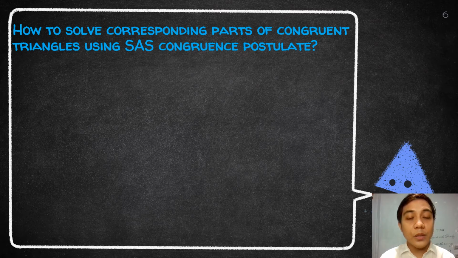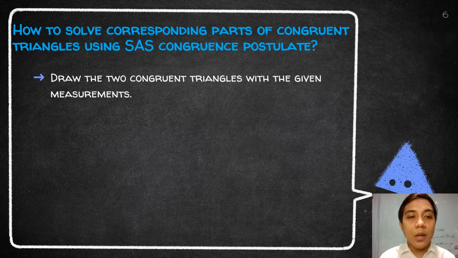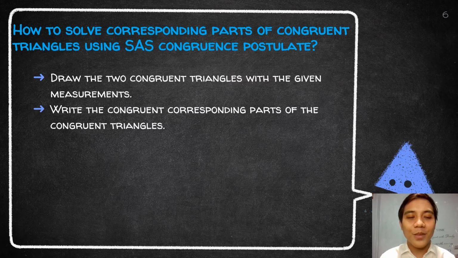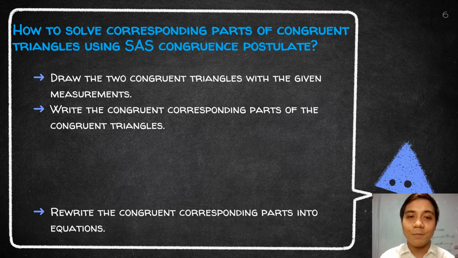These are the steps that we need to remember in solving corresponding parts of congruent triangles by the SAS congruence postulate. Step 1. Draw the two congruent triangles with the given measurements. Step 2. Write the congruent corresponding parts of the congruent triangles.